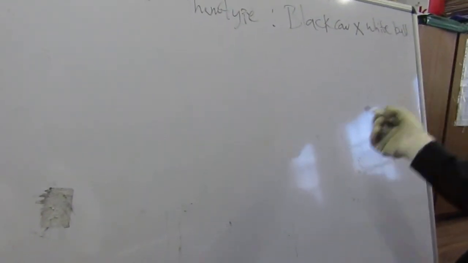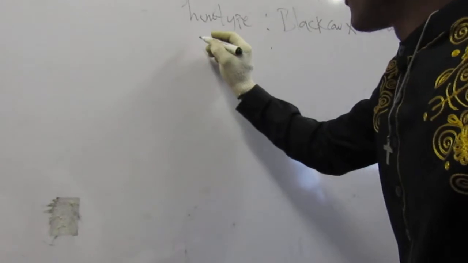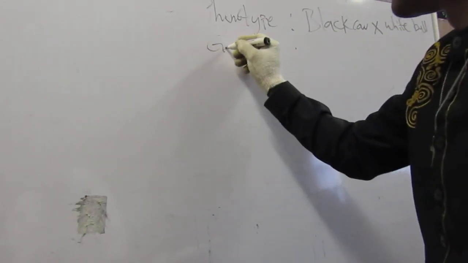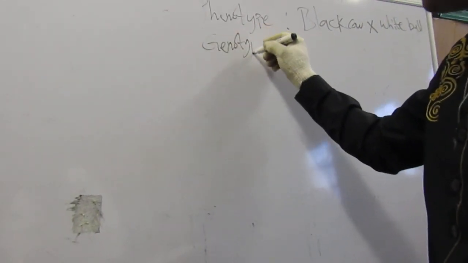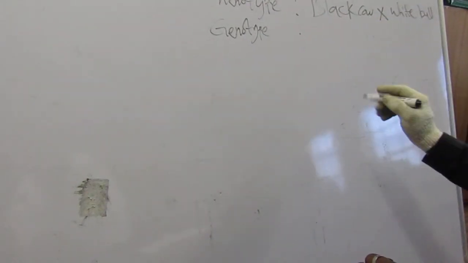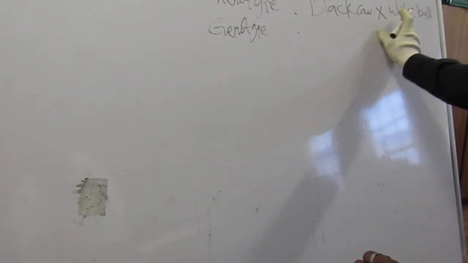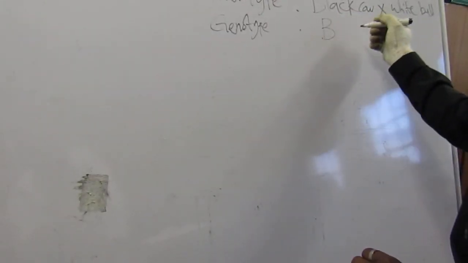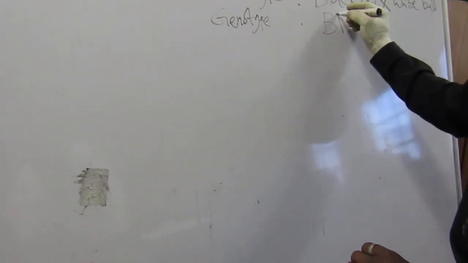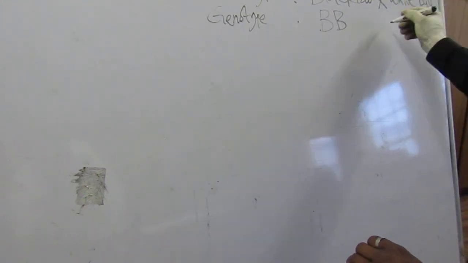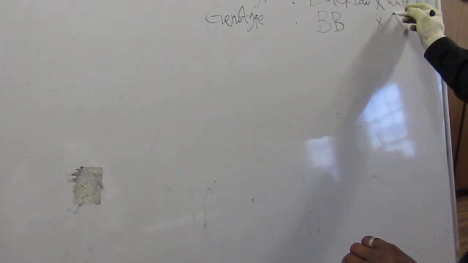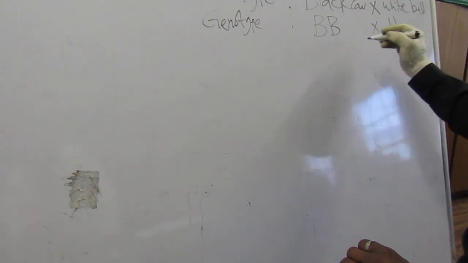So now let's look at the genotype of these parents. We say black is dominant over white, meaning the black cow will have capital letters, capital B, capital B, and white is going to be small b, small b.